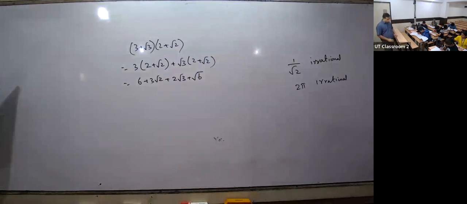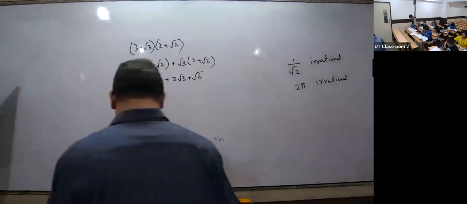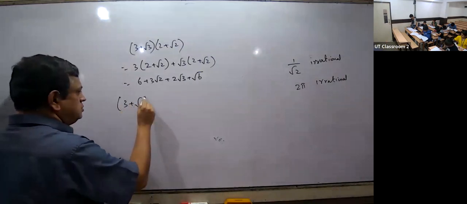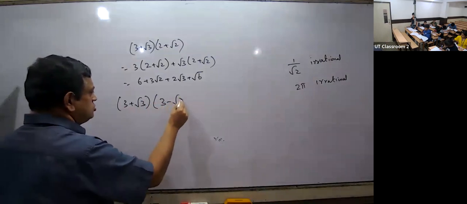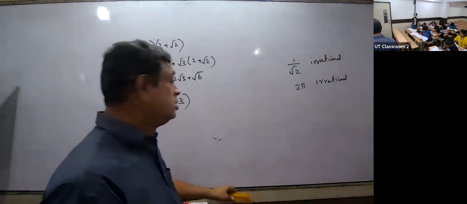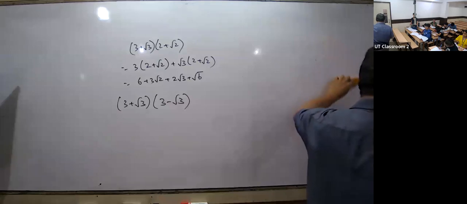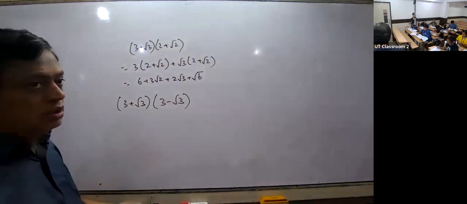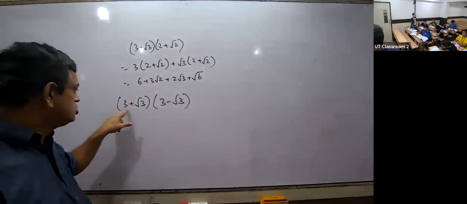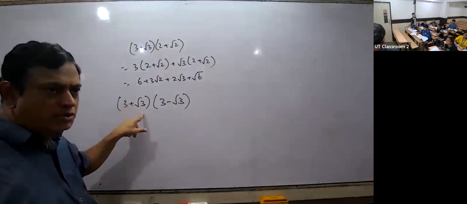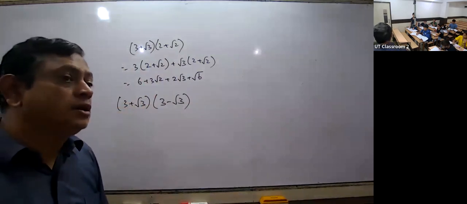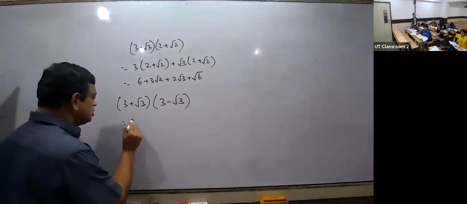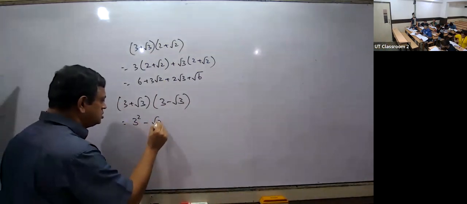This is the next one. Bracket 3 plus root 3, multiplied by bracket 3 minus root 3. How to solve? Simplify. We have to open the bracket. How do you open the bracket? This is of the form A plus B, A minus B. Do you have an identity? Yes. A plus B times A minus B is A square minus B square. So apply it. A square means 3 square minus root 3 square.